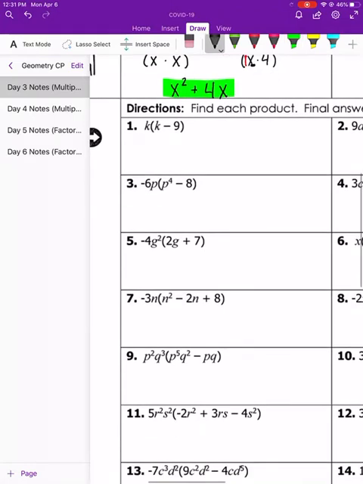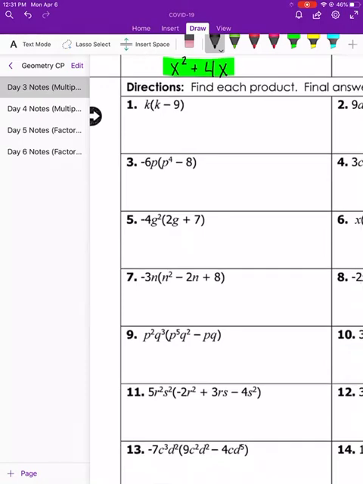So now I'm just going to do this first column, and then we'll move on to the next side. So you're going to get k times k and k times negative 9. Okay? So k times k is my first one. And then k times negative 9 is my second one.